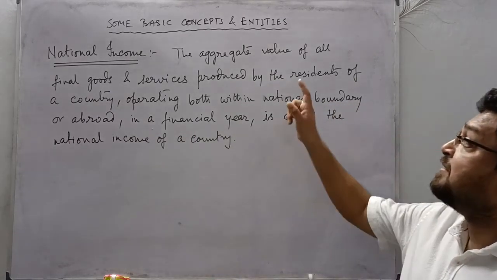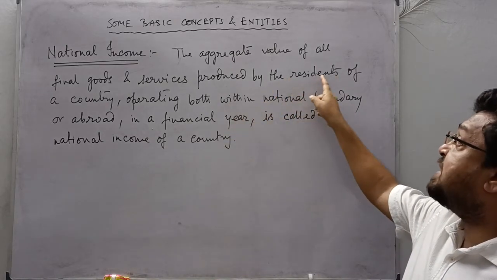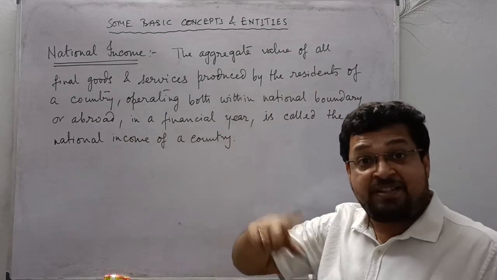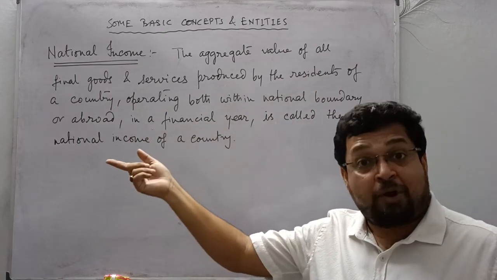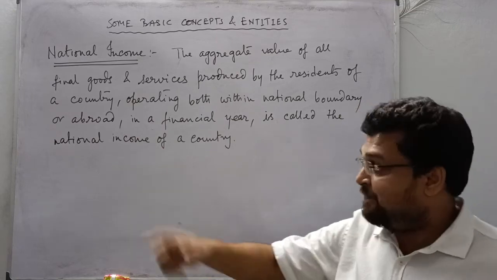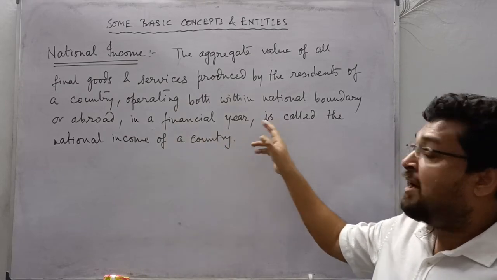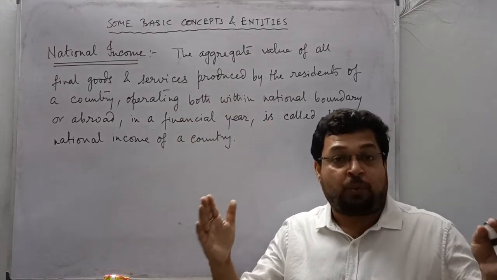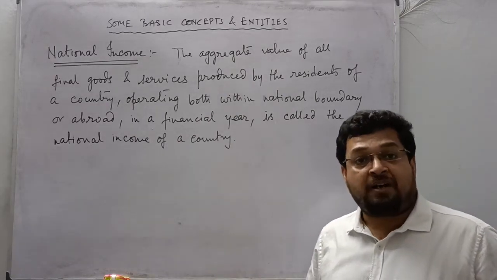So once again, the aggregate value of all final goods and services produced by the residents of a country. Residents of a country means maybe in India or abroad, NRI, non-resident Indian, operating both within the national boundary or abroad in a financial year, referring to a particular period of time, is called the national income of a country.